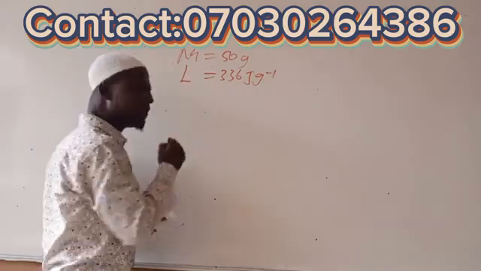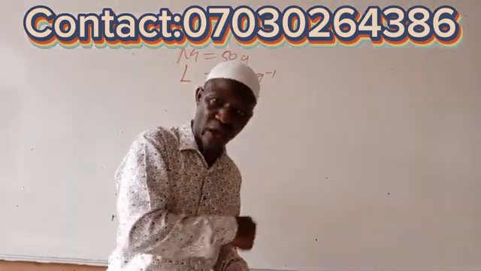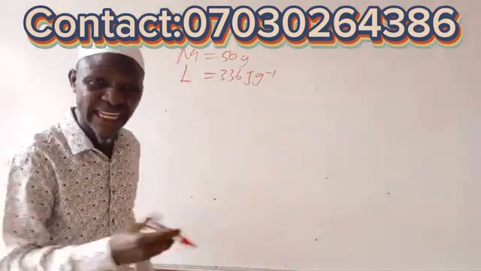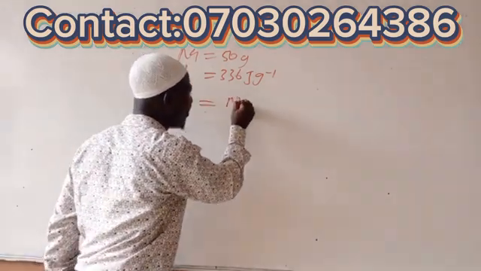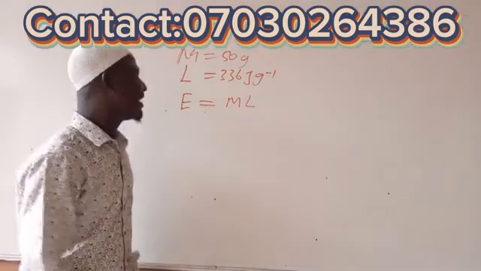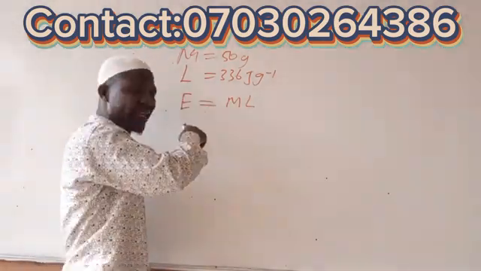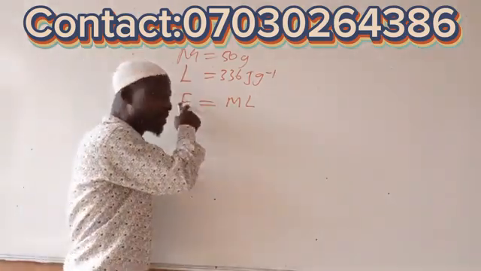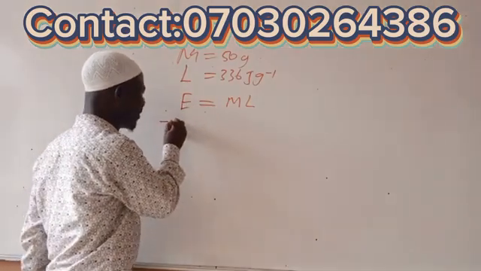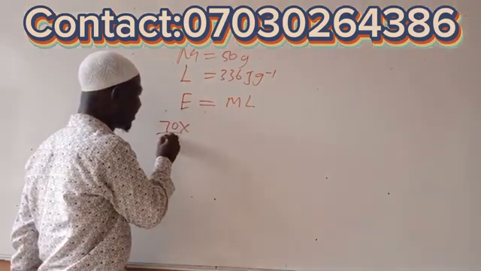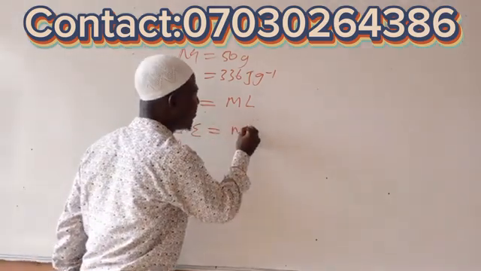Now it says 70%. The first thing is, what is the quantity of heat required? The heat energy required in that case will be E equals mL. But the total heat supplied is not what was used; the one used is just 70% of the total. So it will be 70 multiplied by E over 100 equals mL.